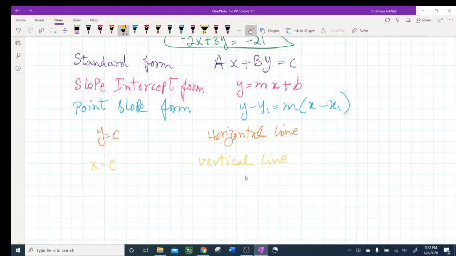Now, the parallel lines: the slopes are the same.